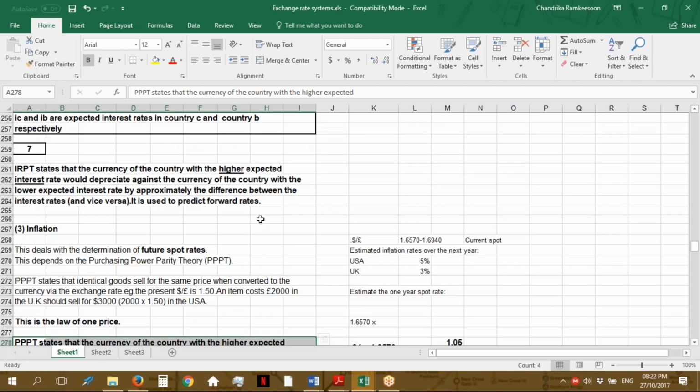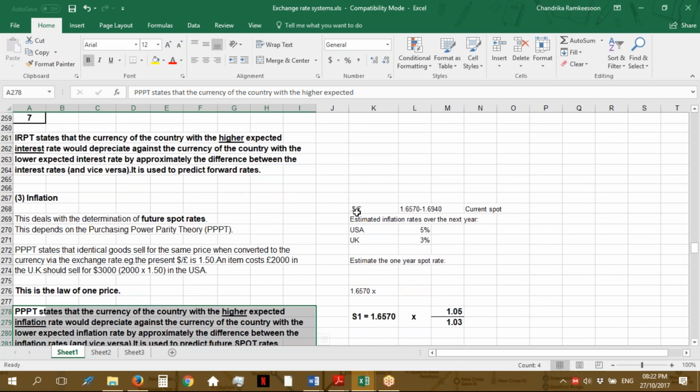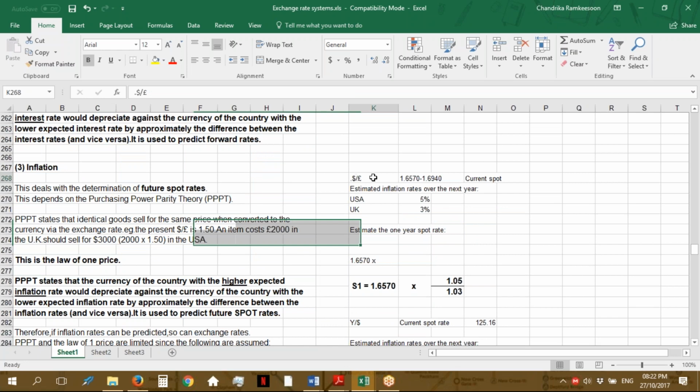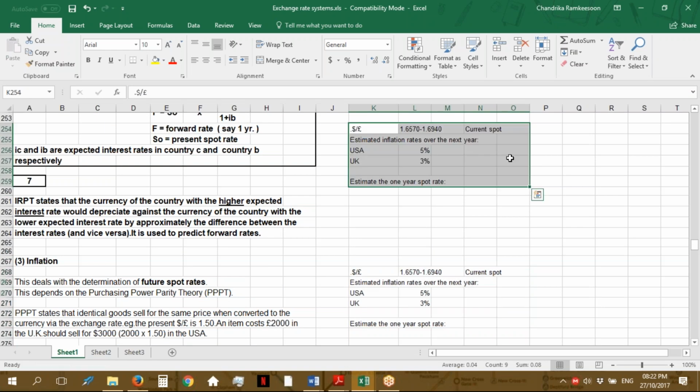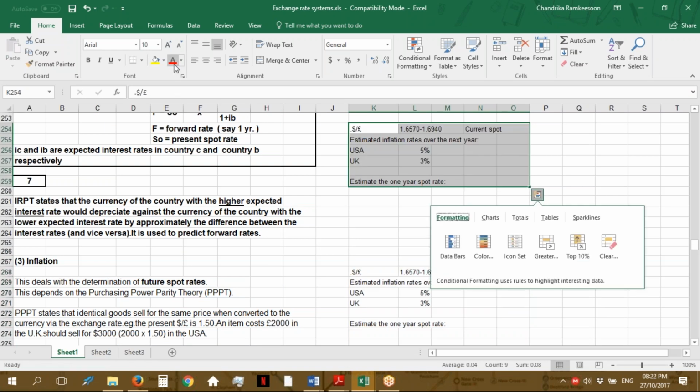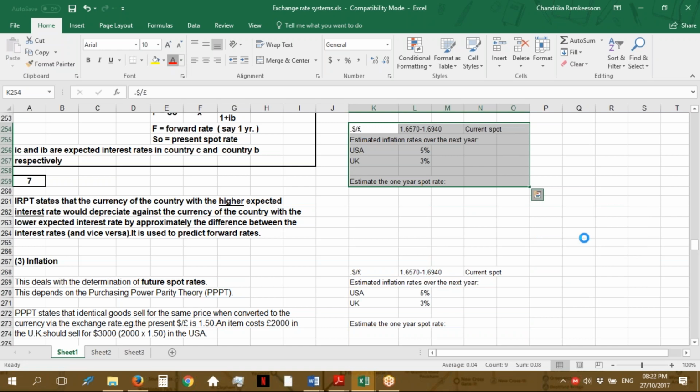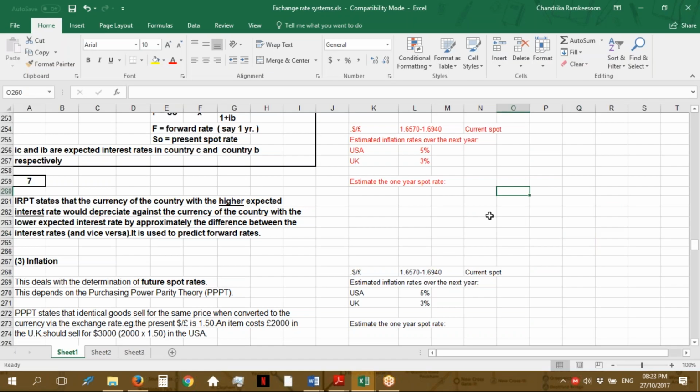I don't, but just to show you, if I was to use this same thing, I'd give it a different color. So this is the current spot, and rather than this being inflation, I'll change this to interest.